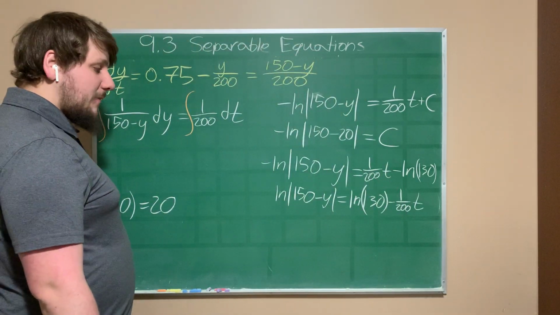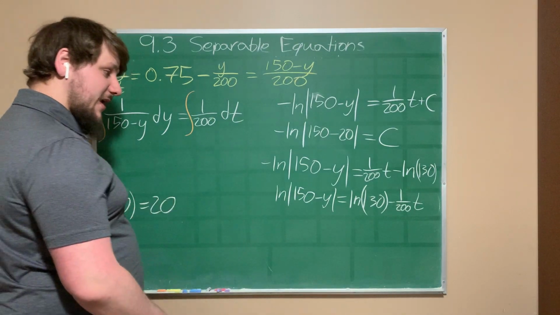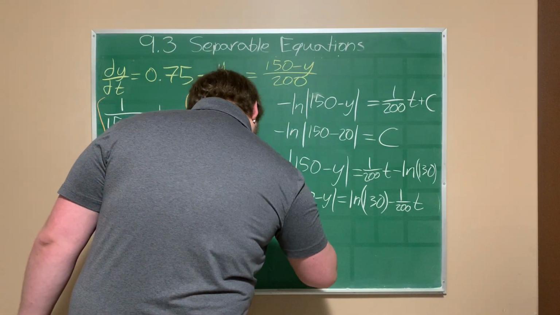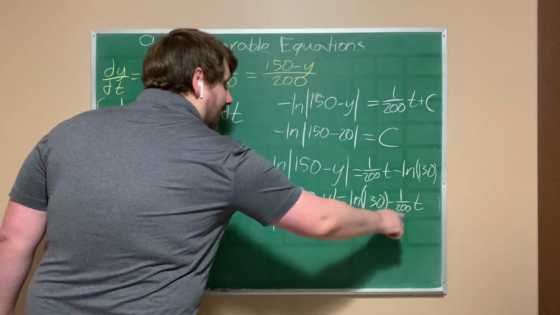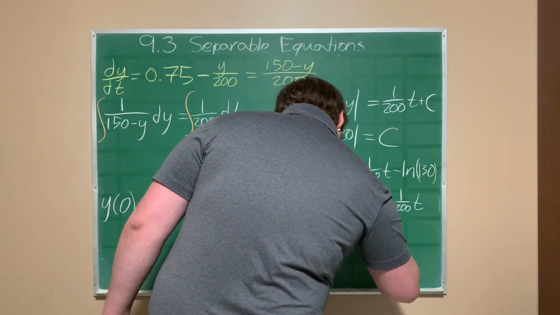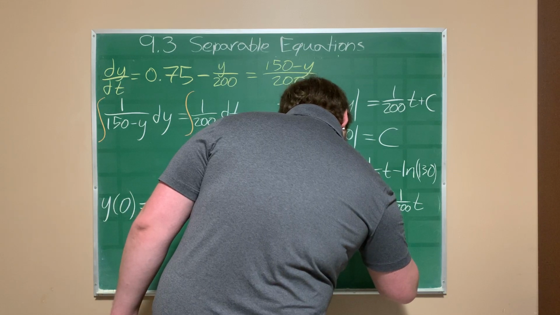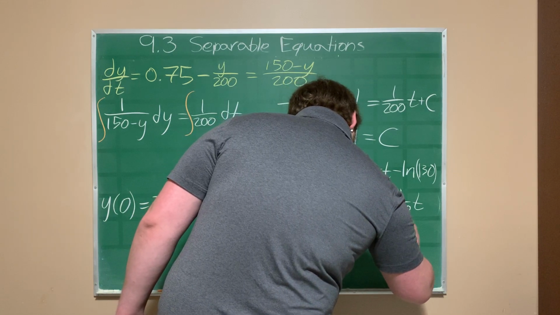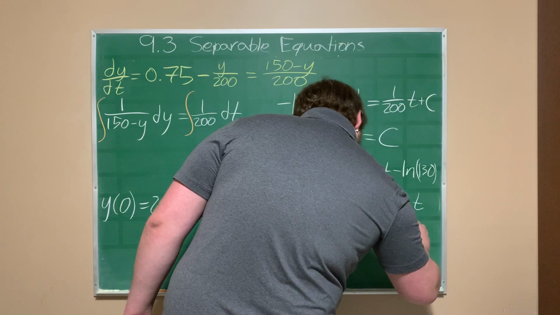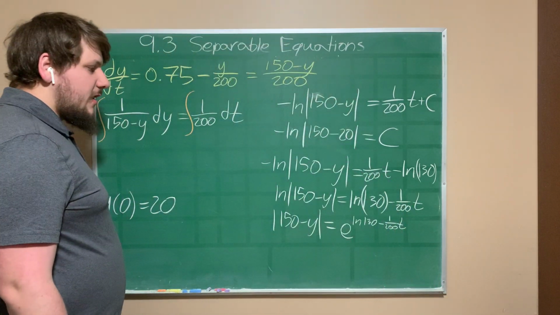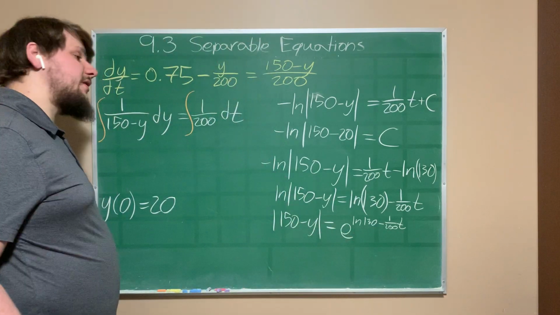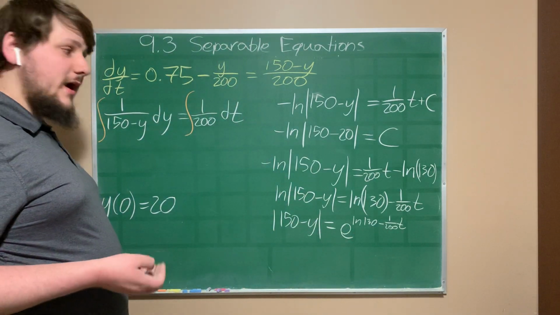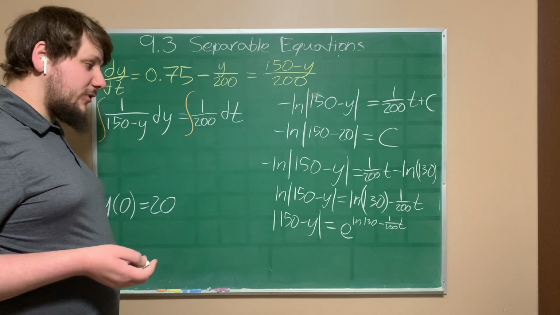Now take e to the power of both sides to cancel out this natural log. We're going to have the absolute value of 150 minus y equals e to the power of the right-hand side here. Again, when we have addition or subtraction in the exponent, we can break the right-hand side up into 2 separate exponents.